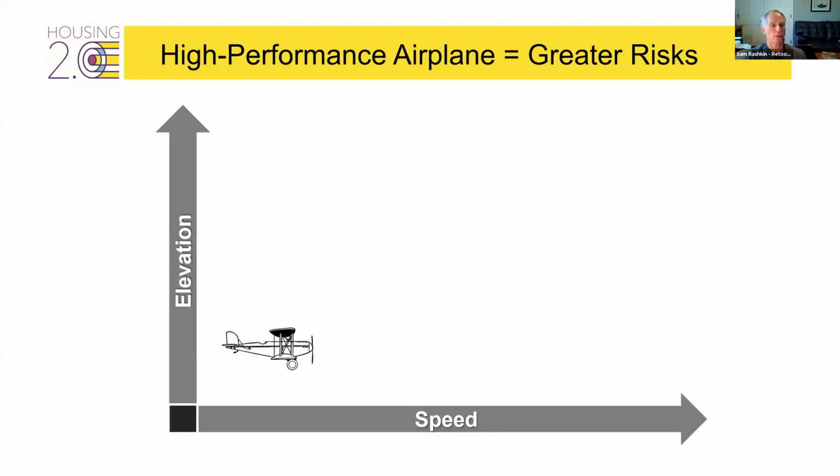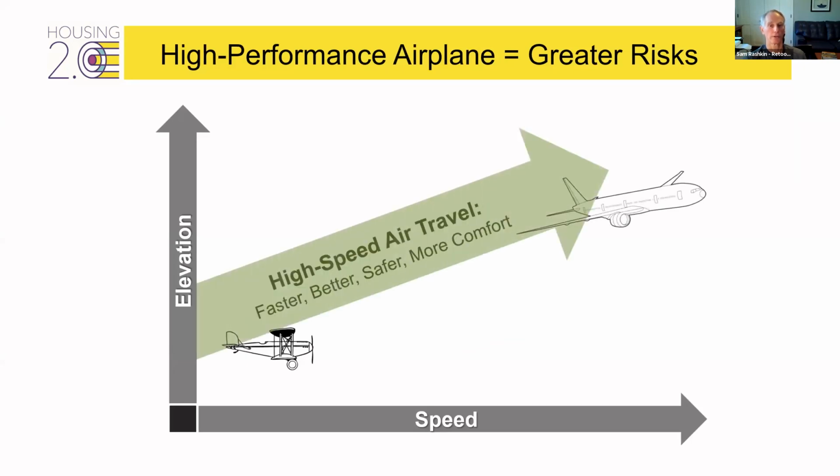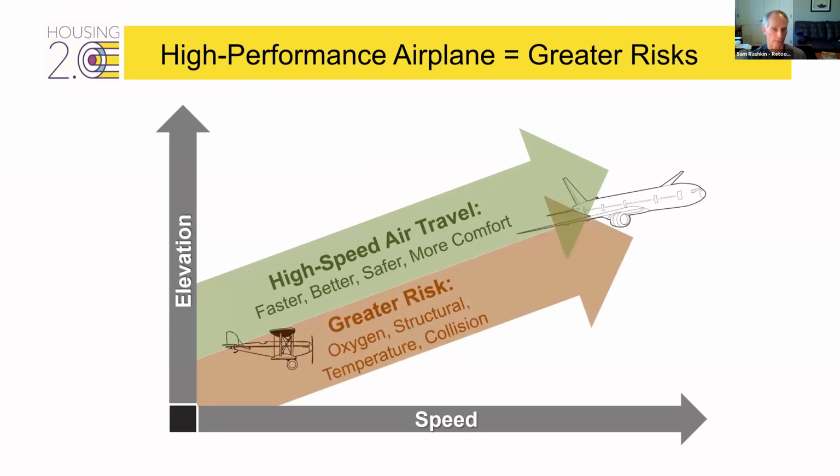First, airplanes went fairly slow, 80, 85 miles an hour, low elevation, a few thousand feet. And then we go to greater performance airplanes at much higher speed, and they're faster, better, safer, more comfortable. This was an easy choice to make for the industry, but there was greater risk.